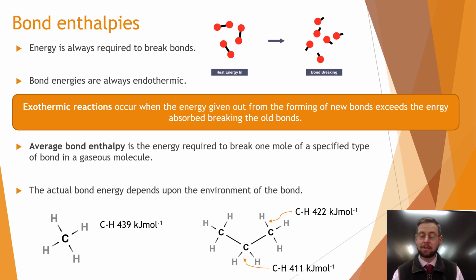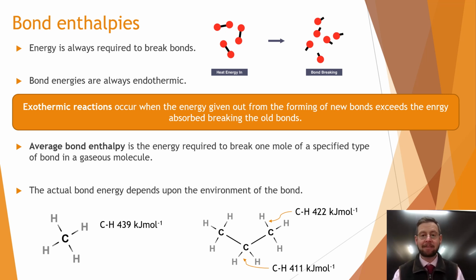But what we can do is we find that it is quite useful to give this thing the average bond enthalpy. It tells us just how much heat energy needs to go in to break that particular bond. But not all the time. You see, the actual amount of energy required to go in actually depends on the environment of the bond itself. If we look at the carbon-hydrogen bond in methane, for example, it takes 439 kilojoules per mole to break those.